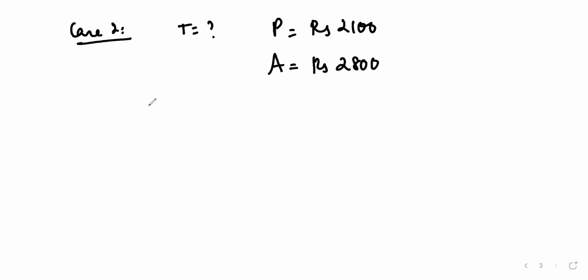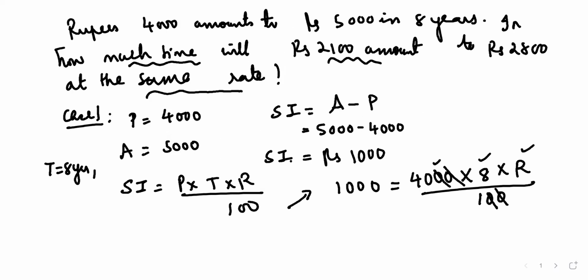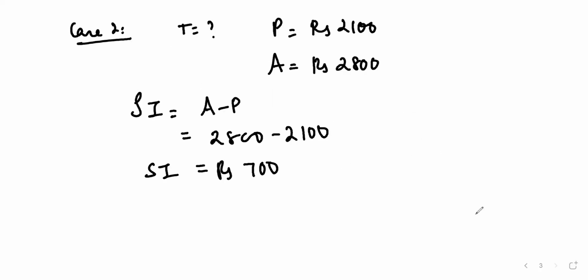In that case, what is the simple interest? A minus P, which is 2,800 minus 2,100, which is rupees 700. So the simple interest in this case is 700, because 2,100 amounts to 2,800 at the same rate, but time we don't know.